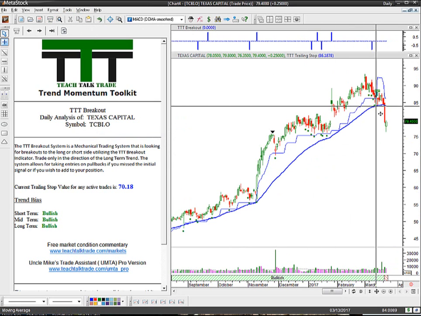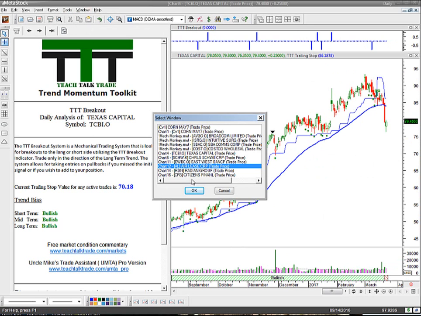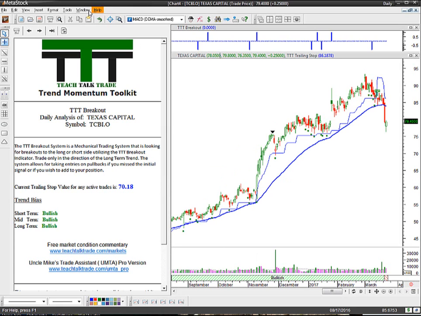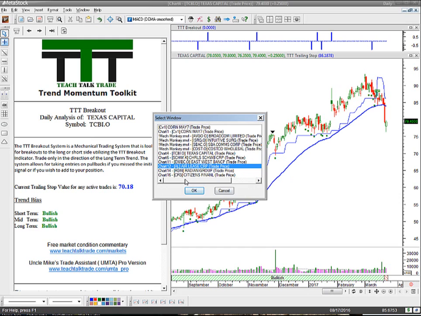TCBI, Texas Capital. We can see here, let's see what else. I thought I had another one. Nope. So that's it. I thought I had an AL. Windows. No, it looks like we got them all.